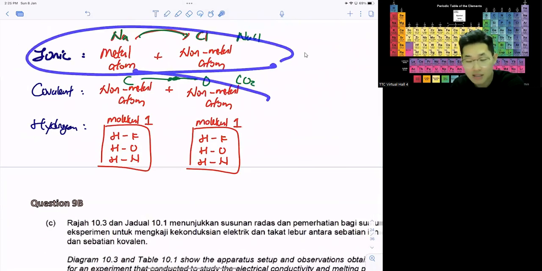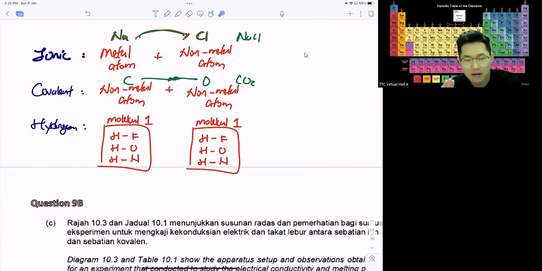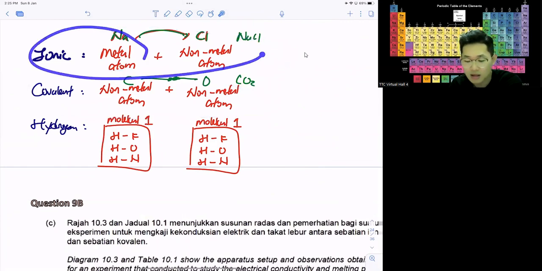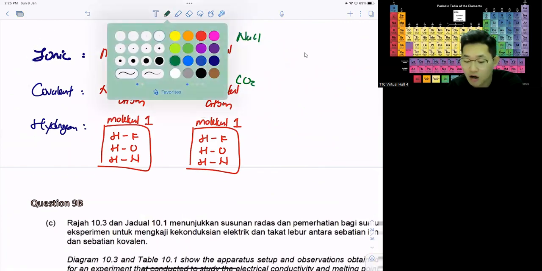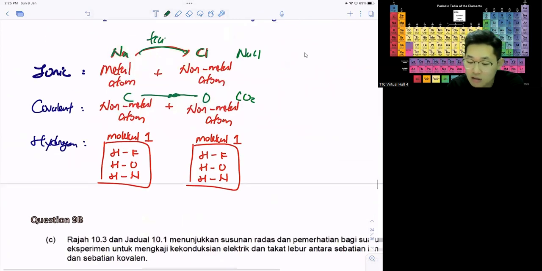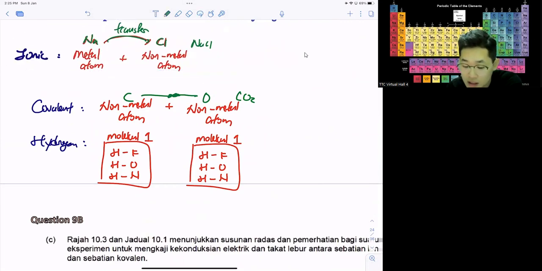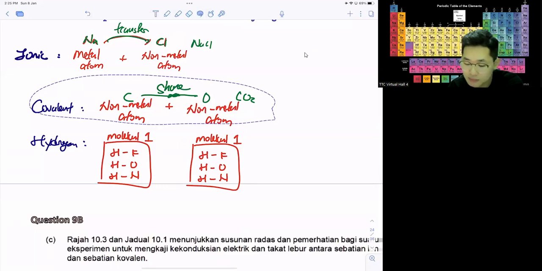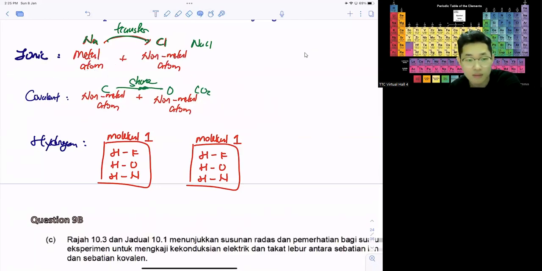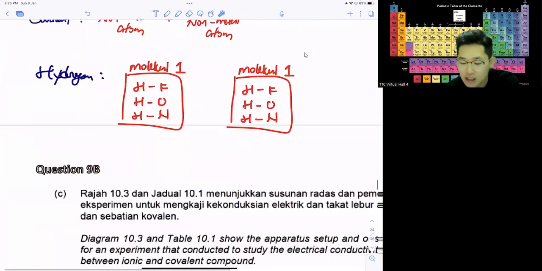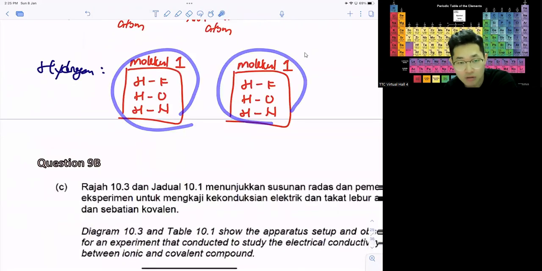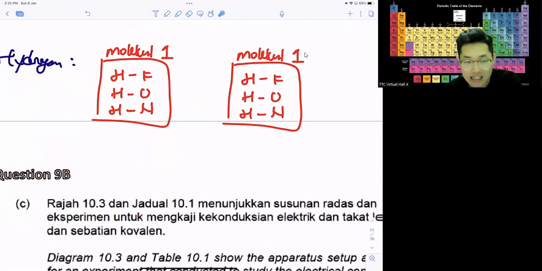Now you see the difference or not? These are atoms. Atoms mean they are not stable. So this one, they donate or receive electron to become stable. This one, they share electron to become stable. Hydrogen is a stable molecule. Why I call it handphone bond, H-phone.